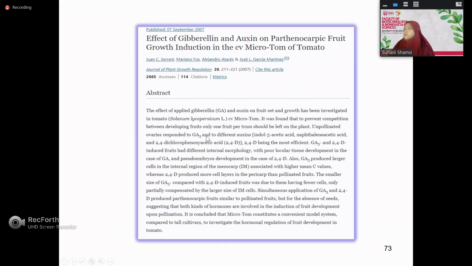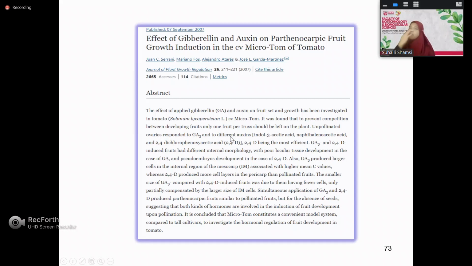So unpollinated ovaries responded to GA3 and to different auxins. So they applied indoleacetic acid and naphthalene acetic acid. These are all resemblances of auxin. And then we have the synthetic auxin that we talked about yesterday, 2,4-D.